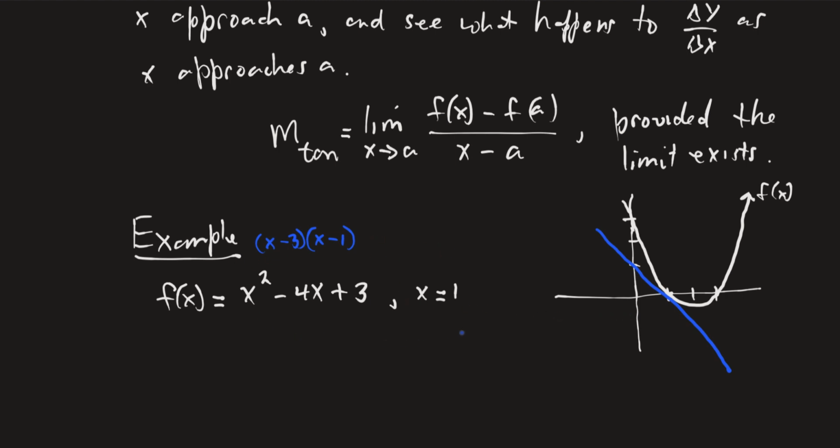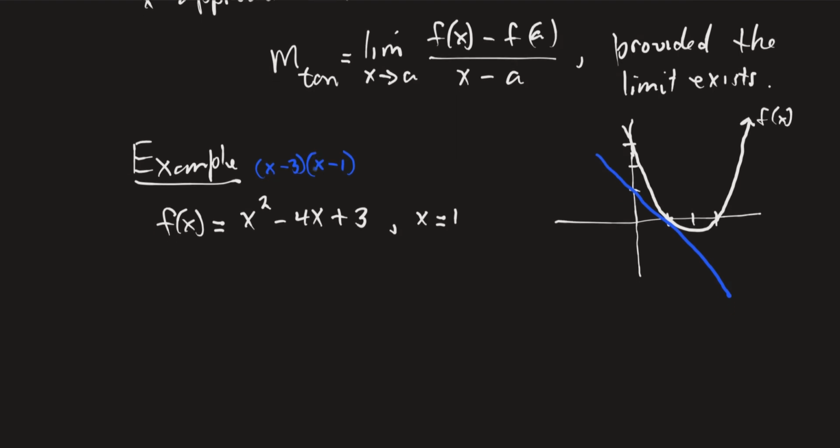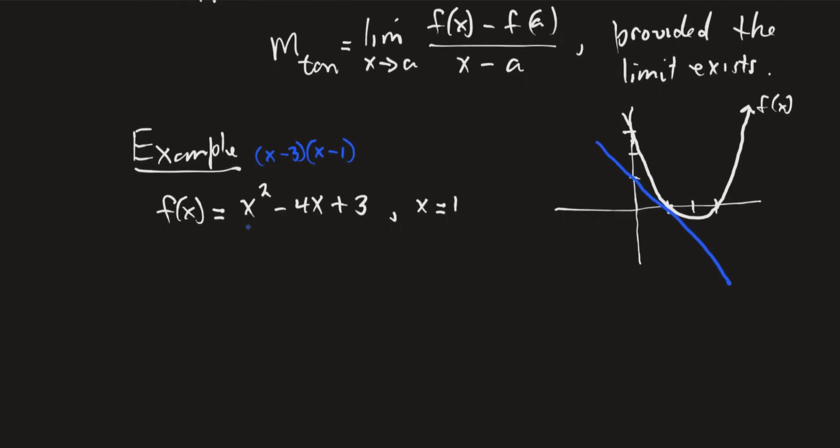So this problem is set up exactly for us so that we can use now this limit definition of the slope of a tangent line, right? In other words, this is a definition, provided the limit exists, right? So let's set this thing up. So in this particular example, a is equal to 1, right?